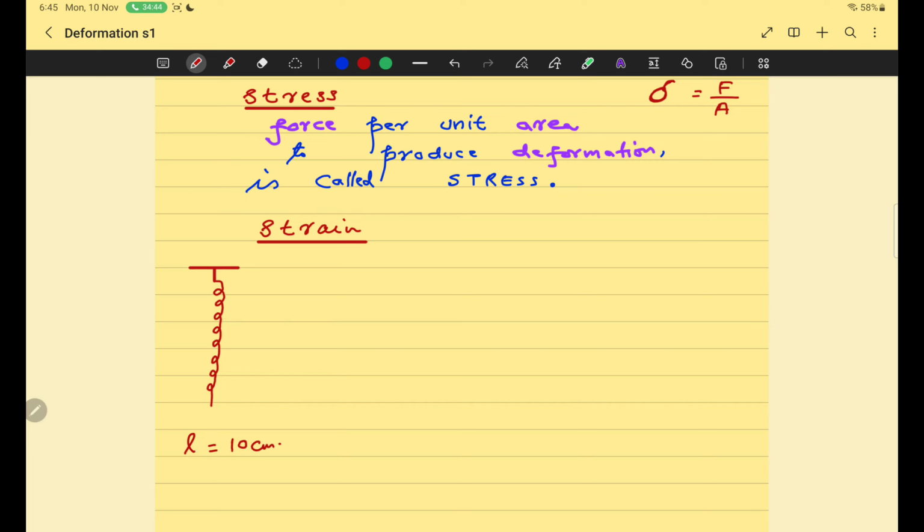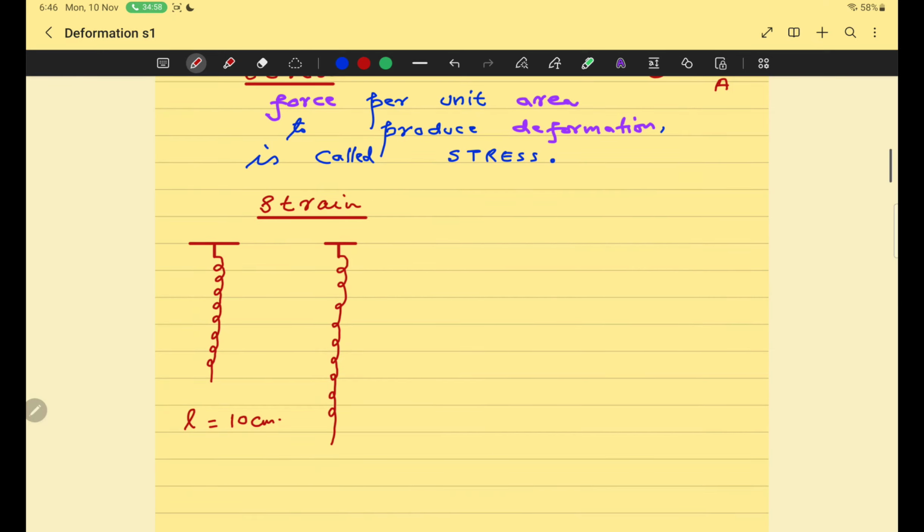When you apply a force, it produces deformation. Its original length is 10 centimeter, and its final length is, say, 15 centimeter. Then obviously the extension is 5 centimeter.